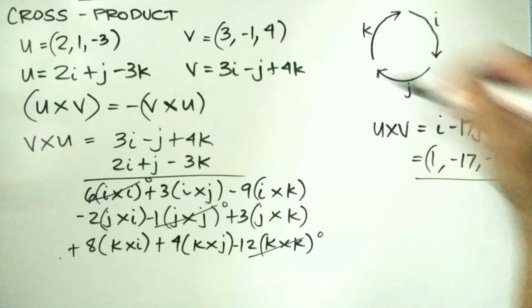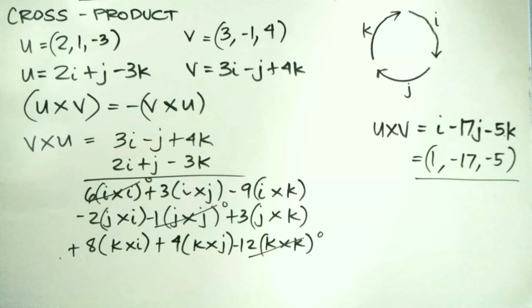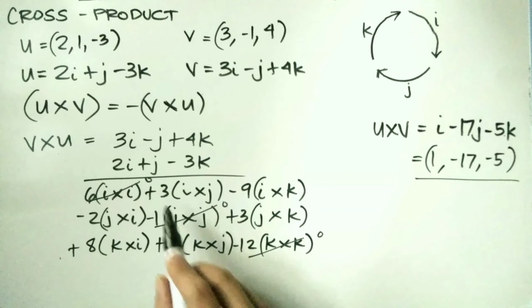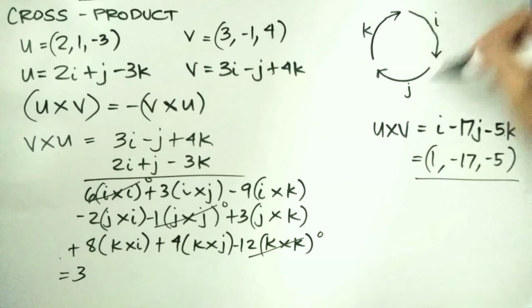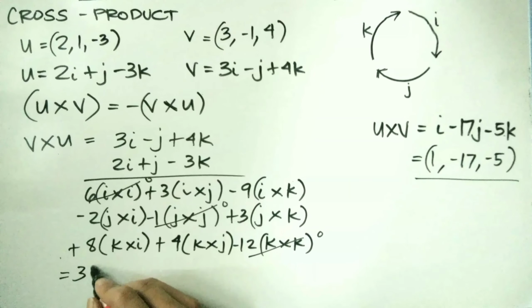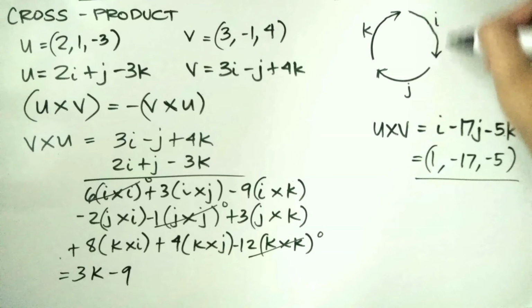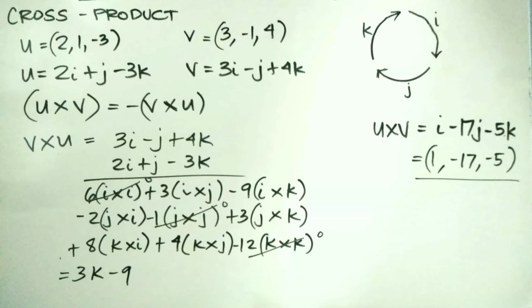Next, we will use this circular guide for the signs of our vector products. This would be equal to i cross j follows a direction, so that would be positive k. Next, negative 9 i cross k is reverse, so that would be negative j.